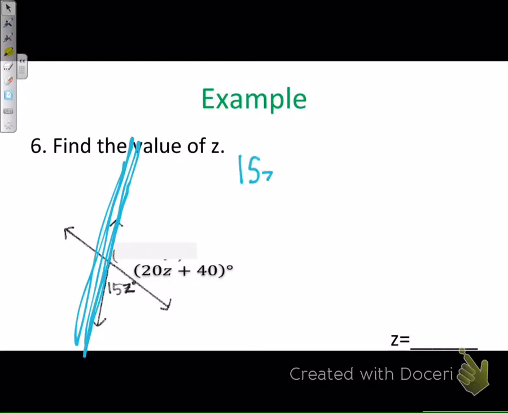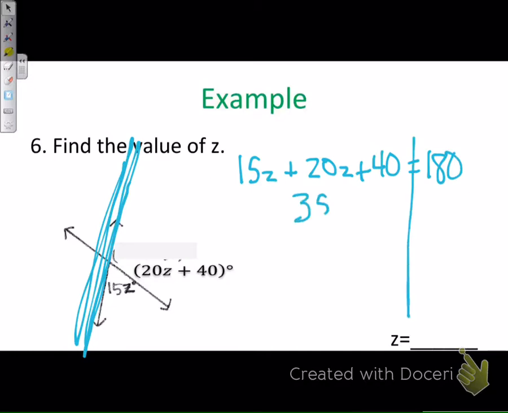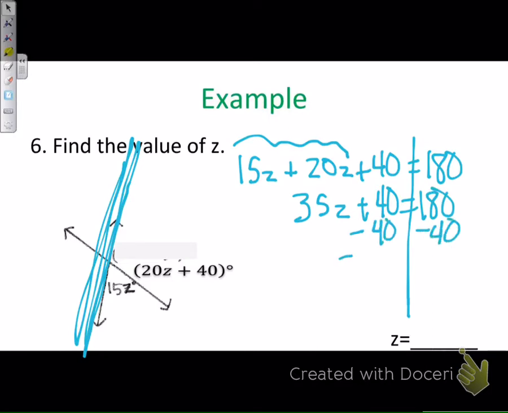So 15z plus 20z plus 40 is equal to 180. We're going to draw a line and do some algebra. So 35z, this combines to 35z, plus 40 is equal to 180. So we're going to subtract 40 on each side. That'll give us 35z is equal to 140. Z is equal to 4.